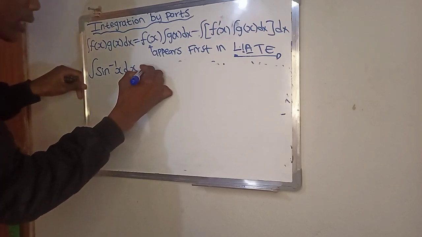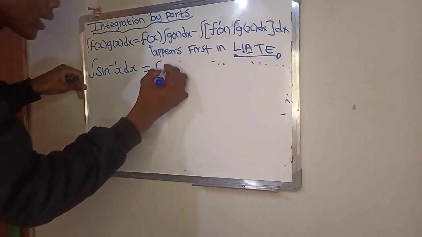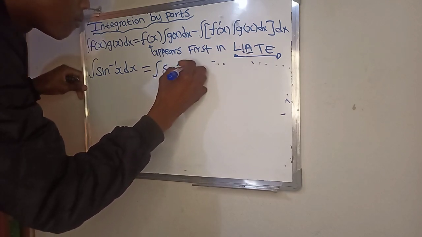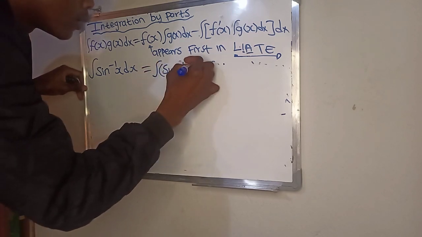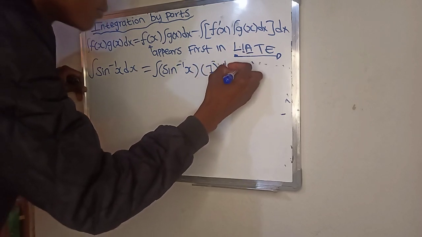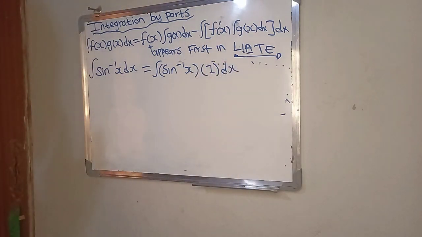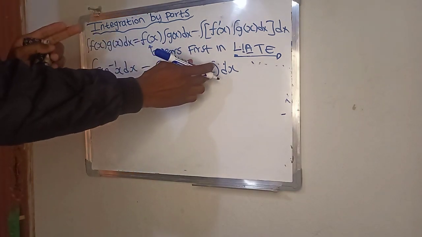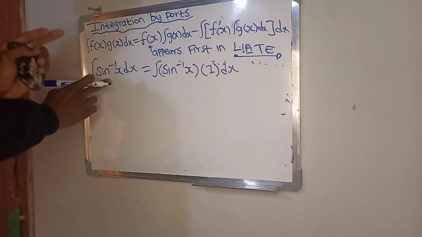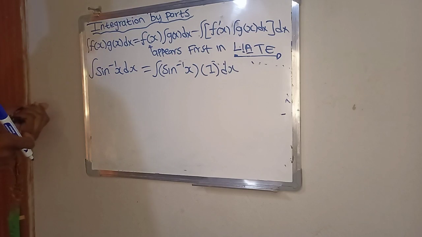Remember, this can be written as what? The integral of sine inverse of x multiplied by 1. So now it is clear that I have two functions. Whenever I multiply the sine inverse of x with 1, I'll always have the sine inverse of x.